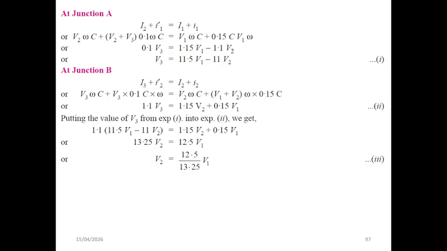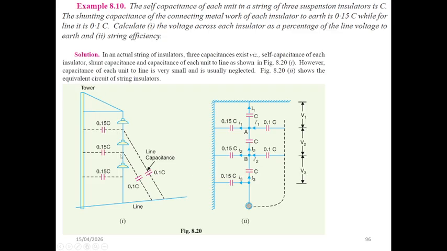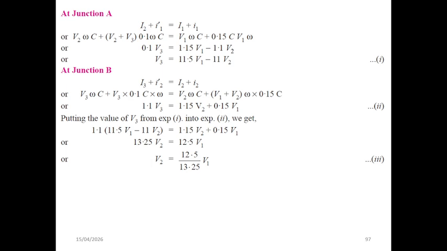Again, we can apply KCL at these two junctions. So this is the solution. We can apply KCL at different junctions of the equivalent circuit. At junction A, the sum of incoming and outgoing currents should be equal.